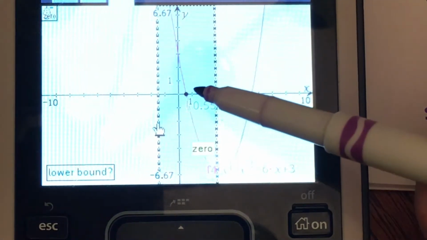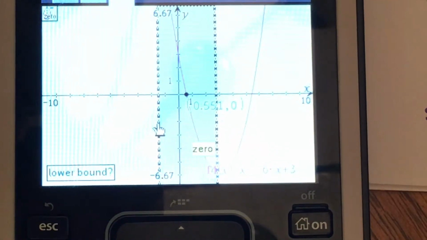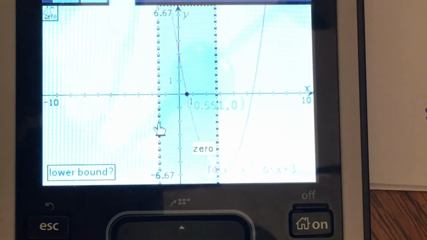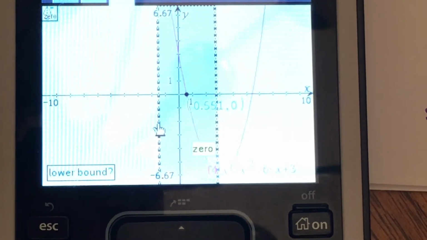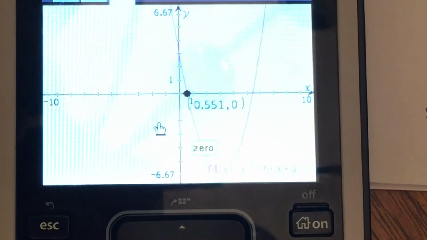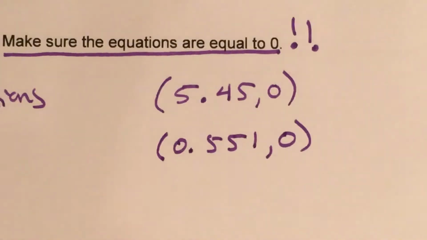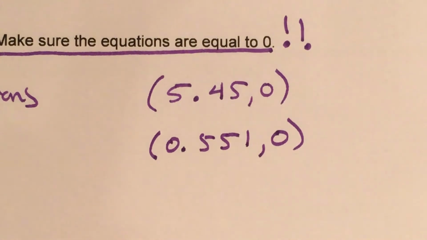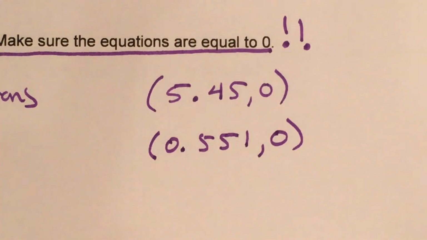And check it out. There's another coordinate point that showed up on your screen. So this is the point 0.551, comma 0. Writing that on your paper. These are my two solutions we have solved.